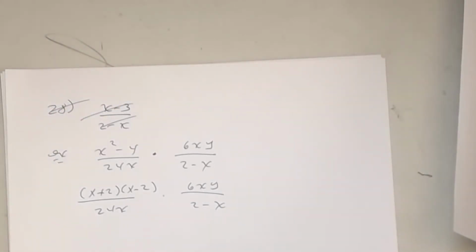Okay. Now let's do step 2. The first factor you see is x plus 2. Does x plus 2 occur as a factor anywhere in the denominator? No, there's no x plus 2 as a factor in the denominator. The next factor is x minus 2. Do you see x minus 2 in the denominator?